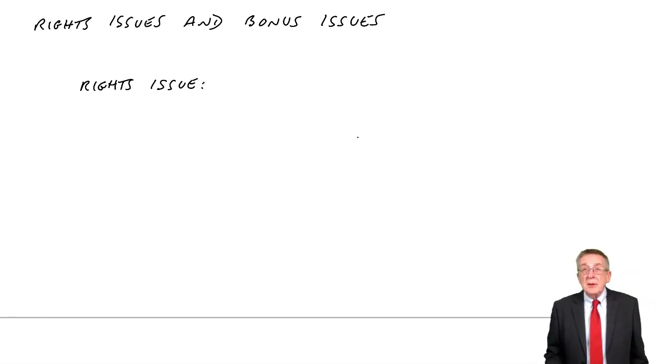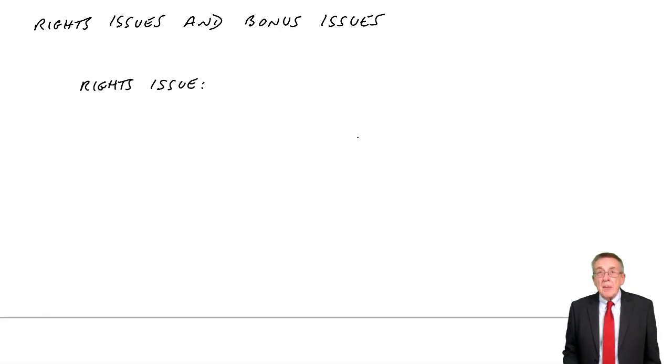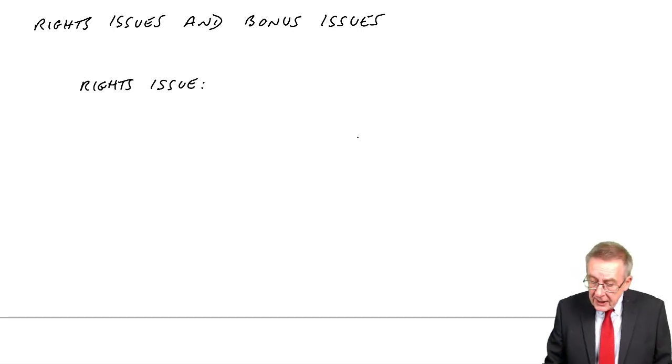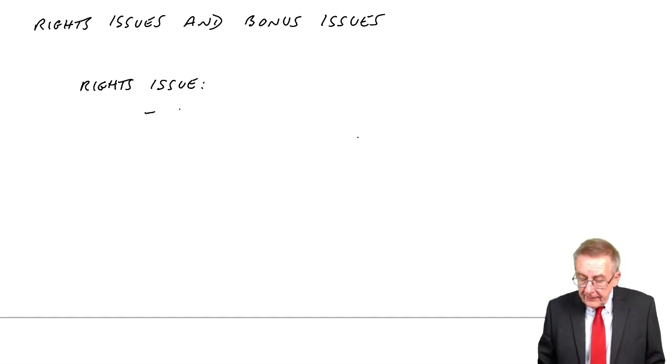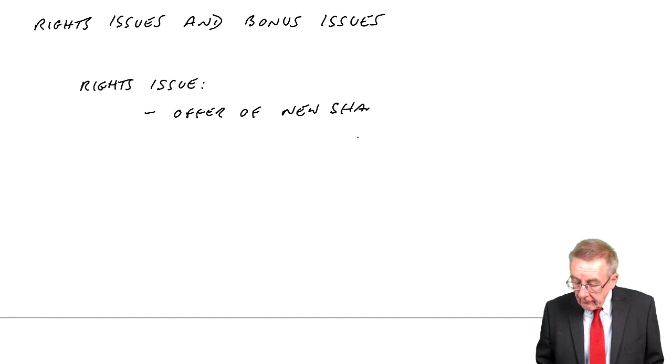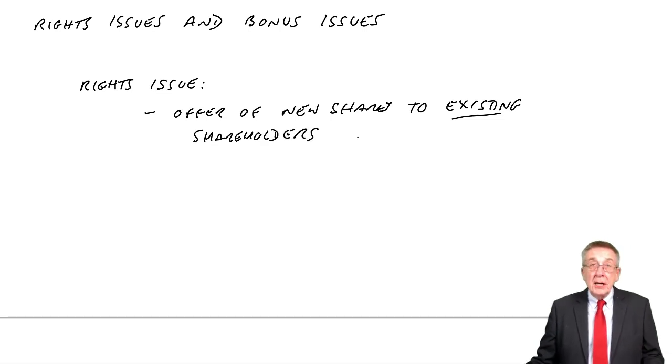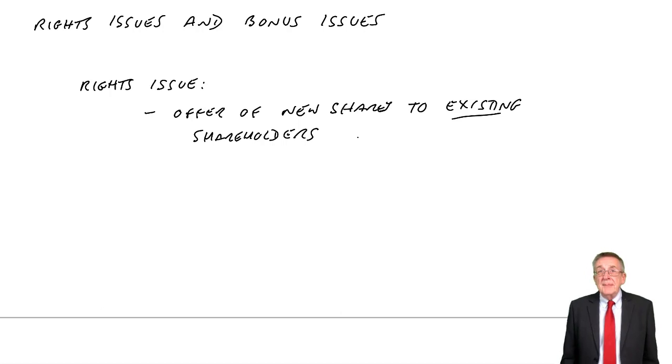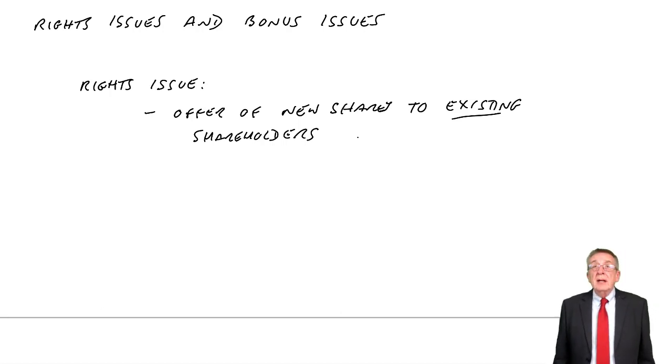Although it's all typed out there, let me explain. A rights issue is an offer of new shares to existing shareholders. So the current shareholders of the company get a letter asking them if they want to buy more shares.